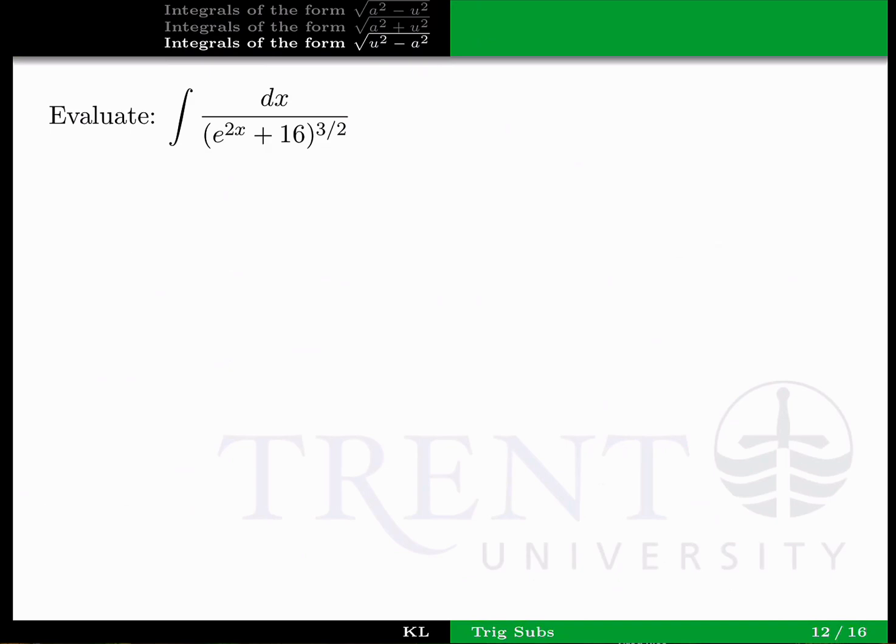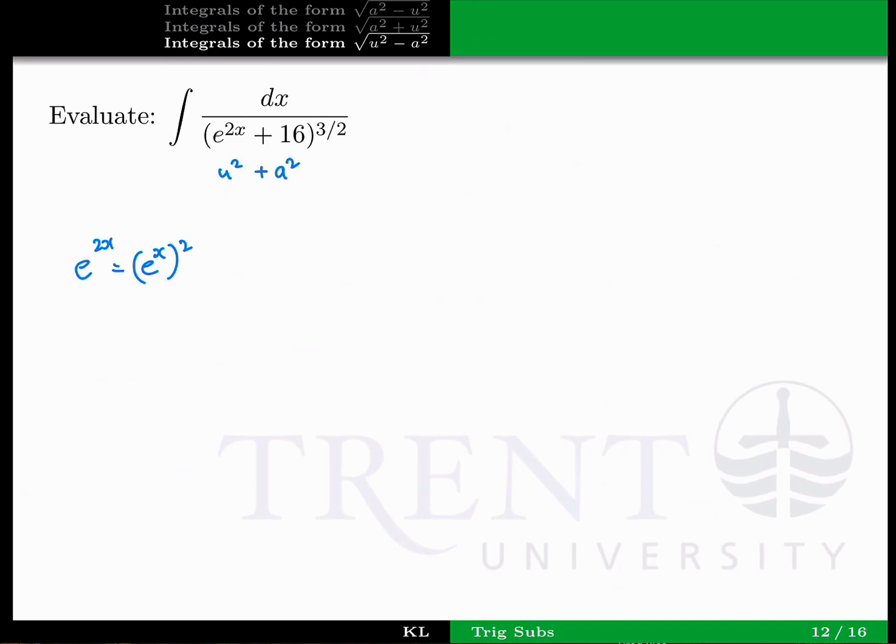So here we got the integral of dx over (e to the 2x plus 16) raised to 3 halves. Notice this is of the form u squared plus a squared. Our u here, if you notice, we have e to the 2x, but e to the 2x can be written as (e to the x) squared, which means e to the x is our u.